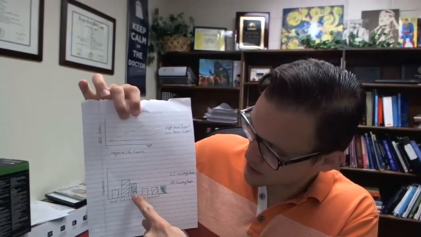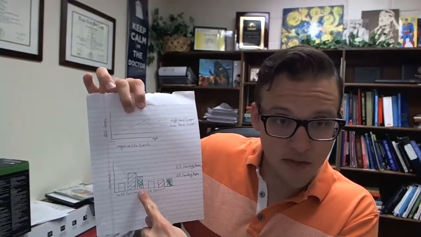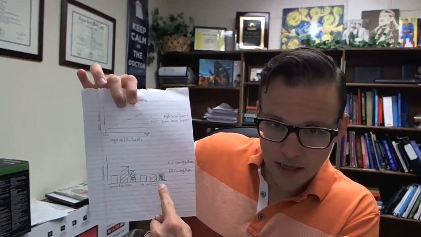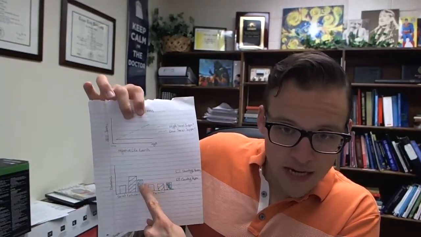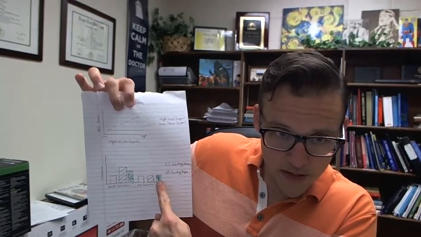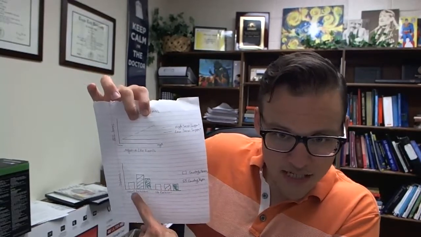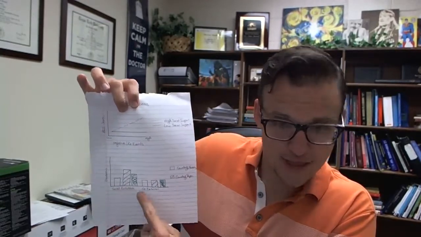Okay, so you see this bar with the circles in it, that is the average of these two, and this with the squiggles is the average of these two. Now you see this bar is bigger than this bar, so there's more distress in the social exclusion condition than there is in the no exclusion condition.